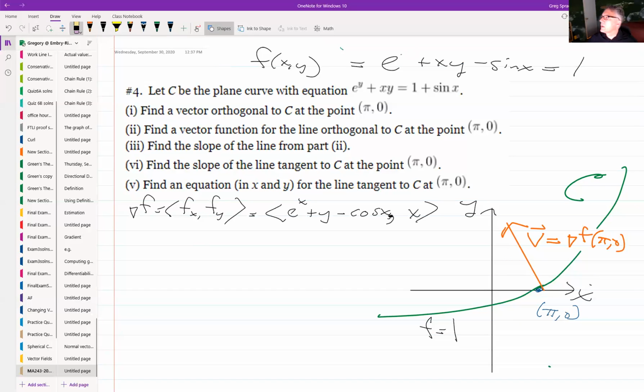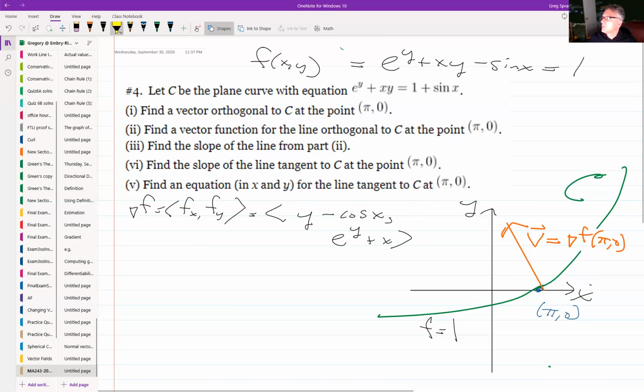That's e to the y, not e to the x. Strike that. Okay, so fx is y minus cosine x. fy is e to the y plus x.